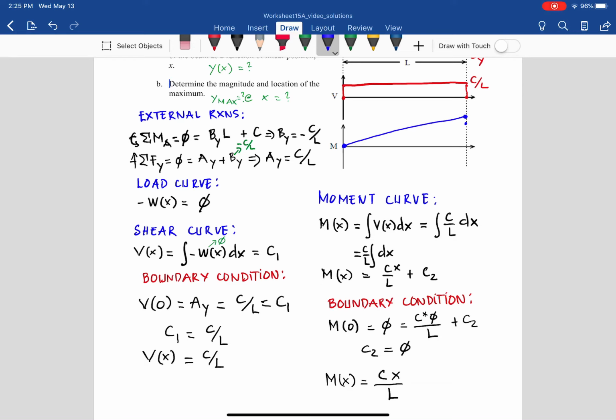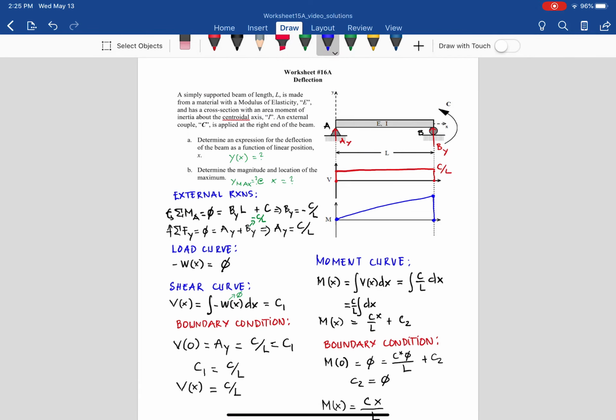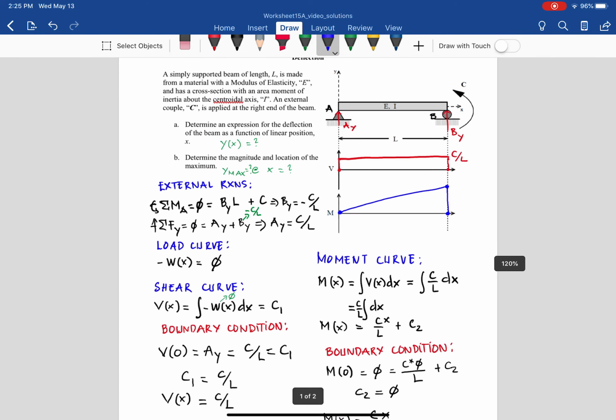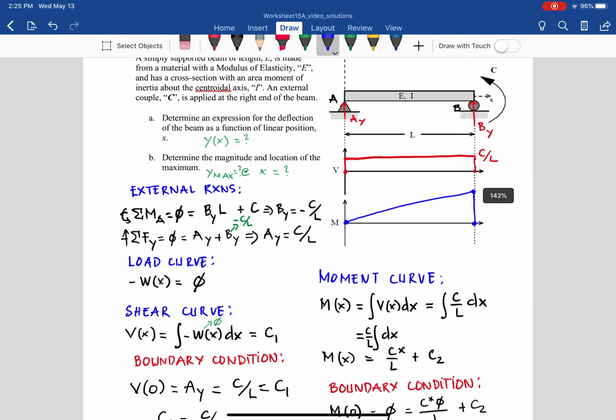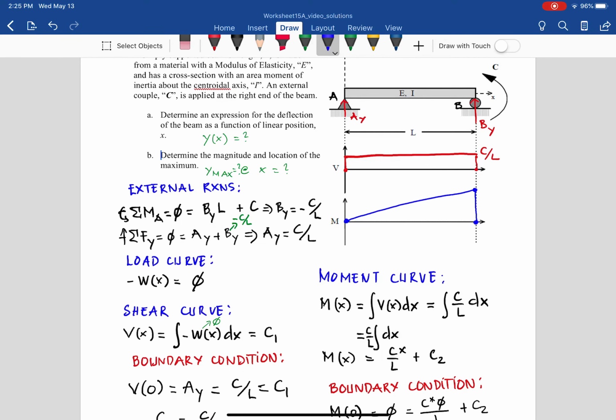So it comes up here to C. And then, of course, it goes down to 0, because that is a couple C counterclockwise, which causes a discontinuity on the moment curve, going down. So as you can see, this is a straight line, and the function here gives C at B. Then the couple is C, as you can see there.